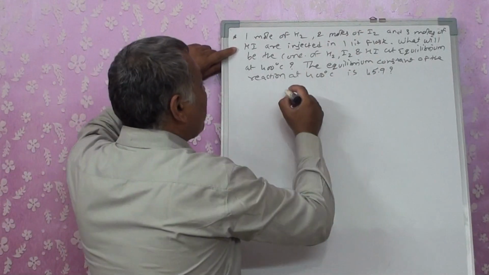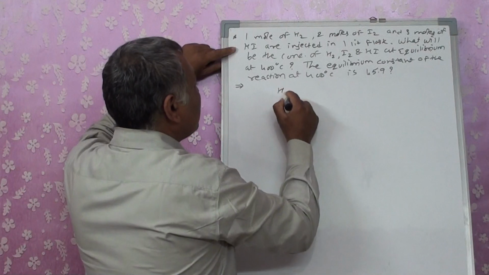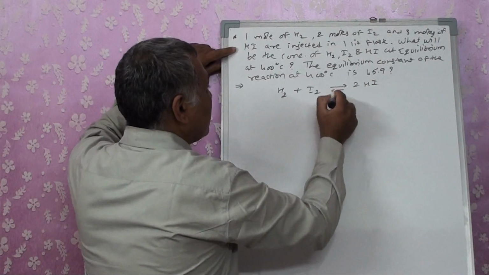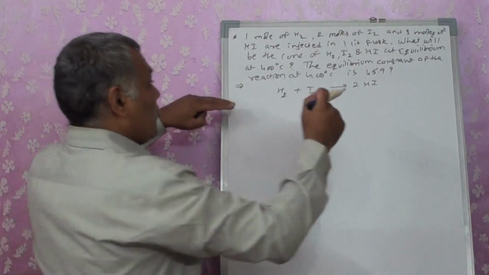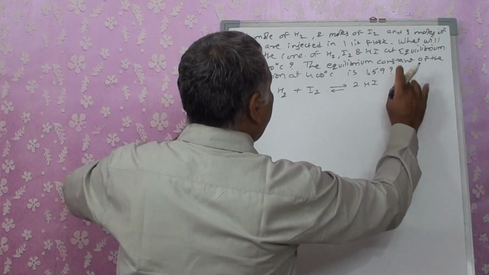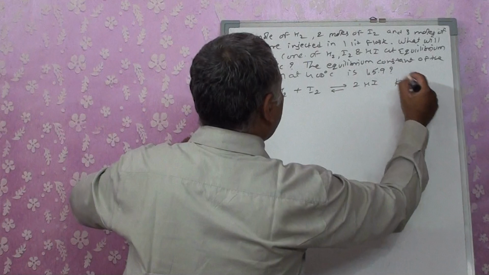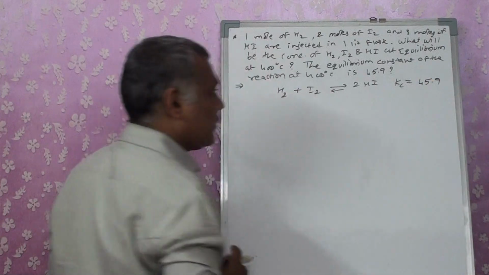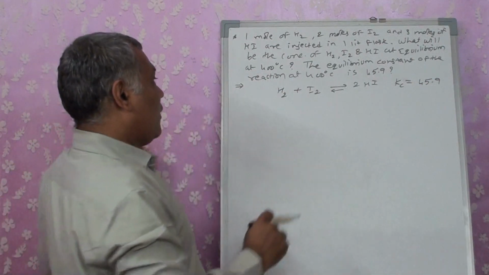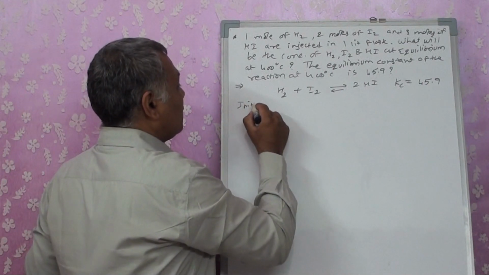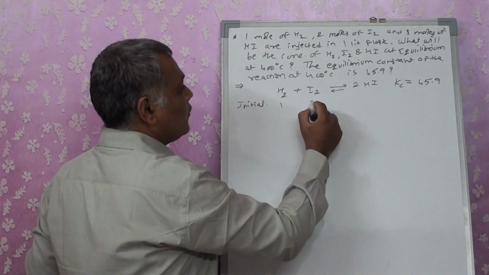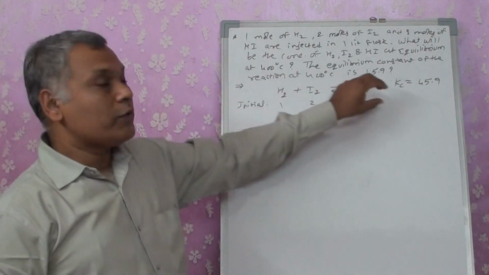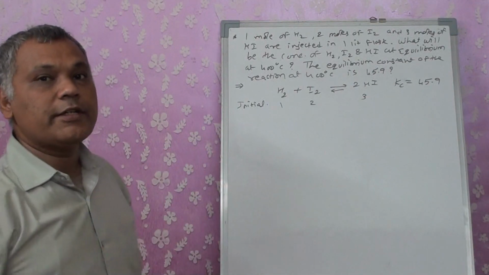So according to this, I am writing the reaction: H2 plus I2 to 2HI. For this reaction, the equilibrium constant is a concentration, so we'll take it as Kc, 45.9, that is given to us. What was the initial? 1 mole, 2 moles and 3 moles are taken initially. Initially this many moles are being introduced or injected into the flask.